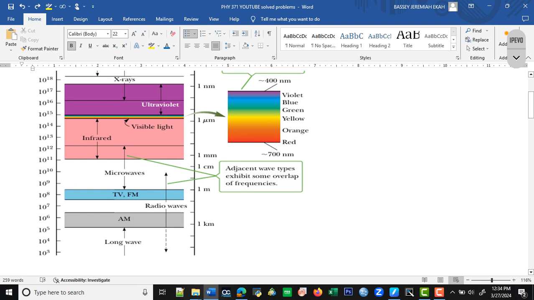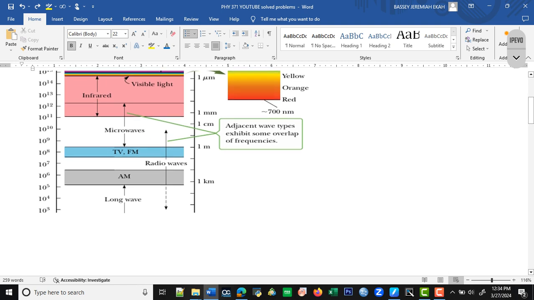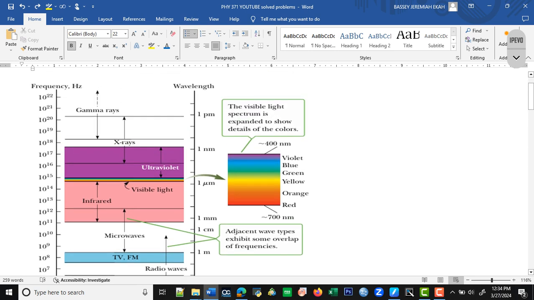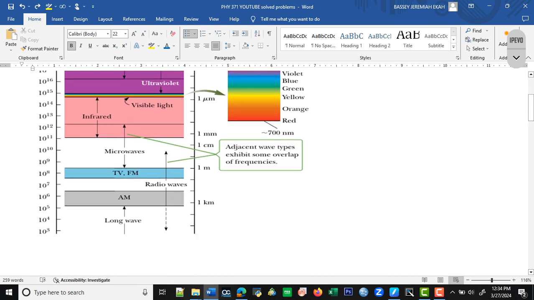If I scroll down, you will see that the frequency is inversely proportional to the wavelength. Here you have a higher frequency, while at this other point, you have a lower wavelength. So frequency is inversely proportional to wavelength, and we have the arrangement here.